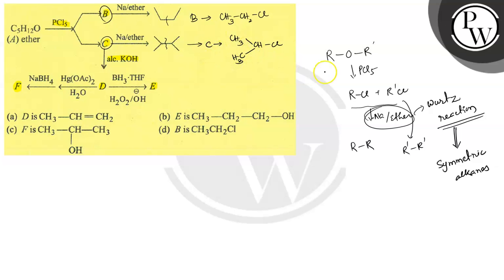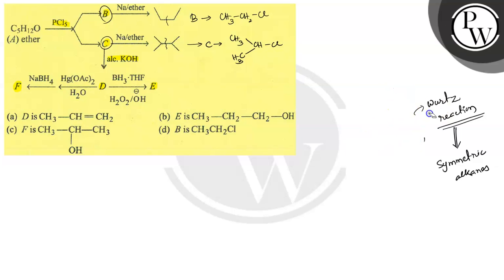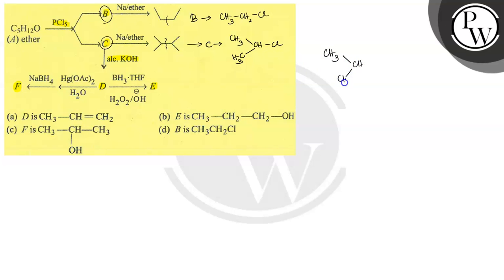So this is the structure of C, and from here we can estimate the structure of the ether. So let me erase this and write the structure of the ether: CH3 CH CH3, then oxygen, then CH2 CH3.